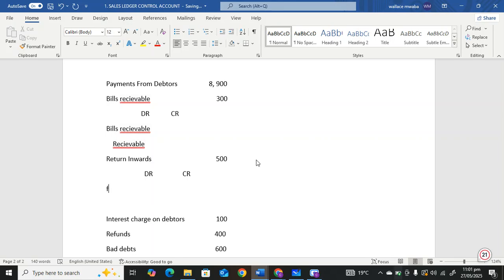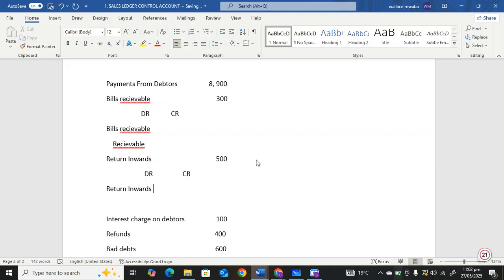Okay, returns inwards is a contra revenue account.